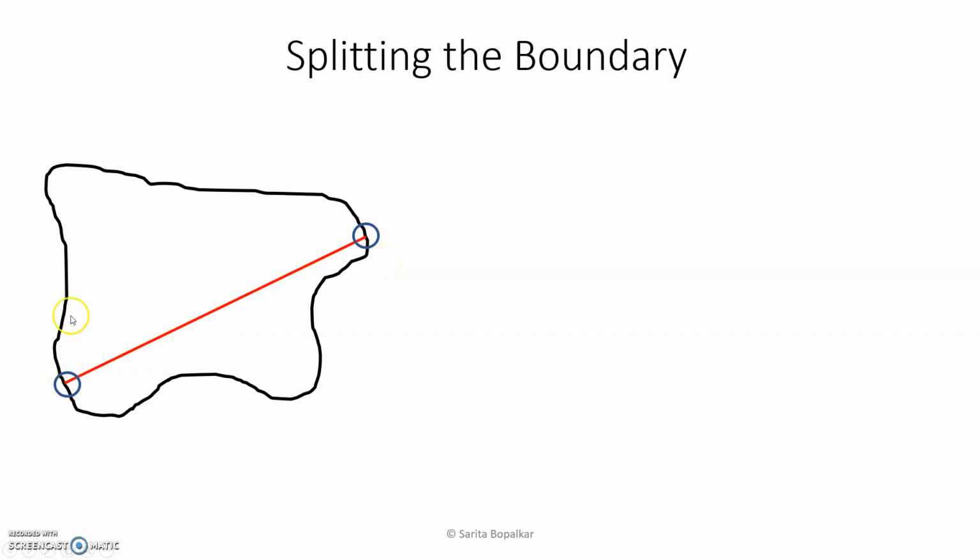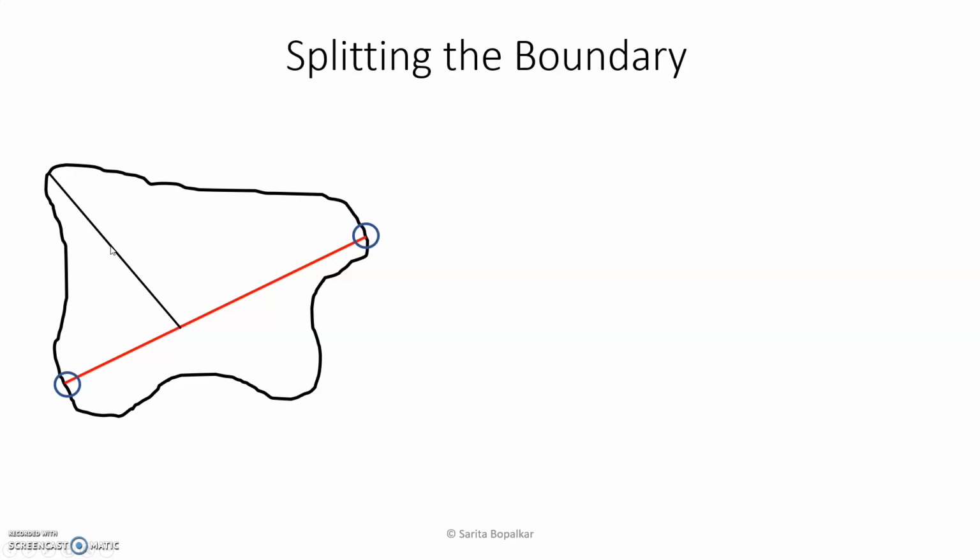Now the next step is we will find the perpendicular distance, and we have to select a boundary point which has the largest perpendicular distance from the line segment. So this is a point on a boundary which has the largest perpendicular distance from a line segment. Now we will compare this largest or maximum perpendicular distance to some threshold.